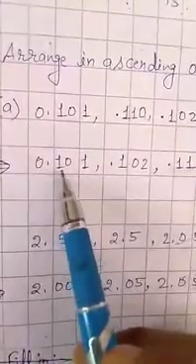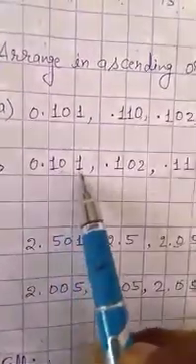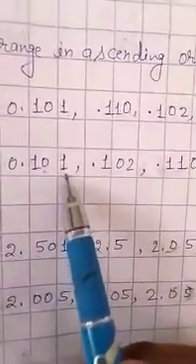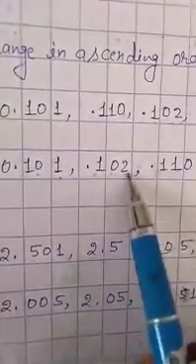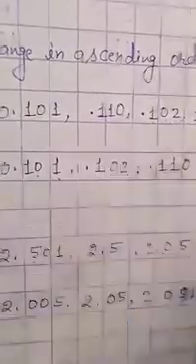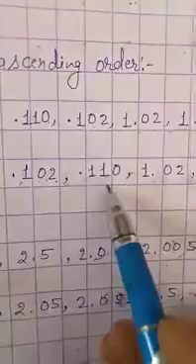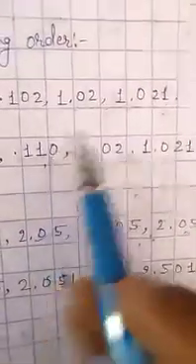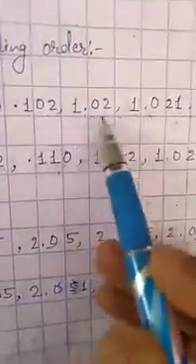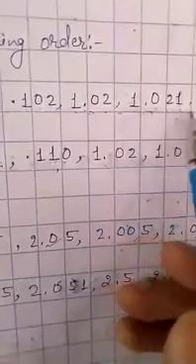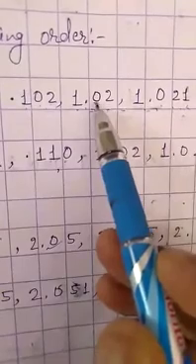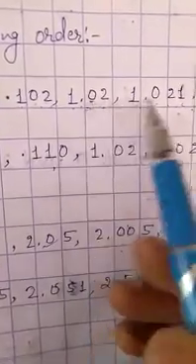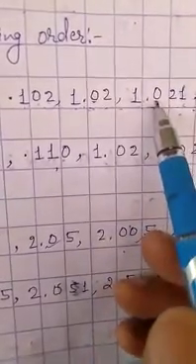So first 0.101 will come. After this number, 0.102 will come. After this, 0.110. Now we compare 1.02 and 1.021. After the point, here is 0 and here also 0.